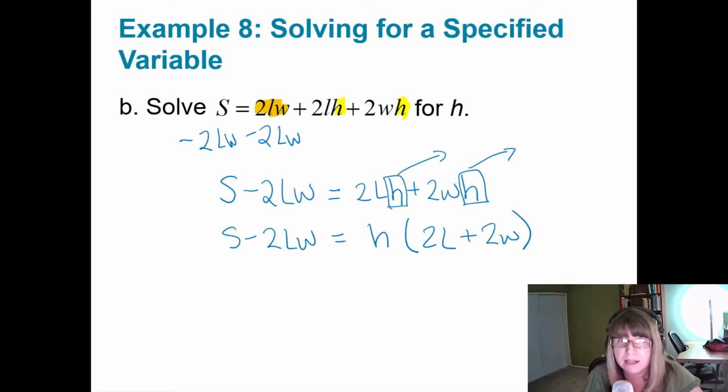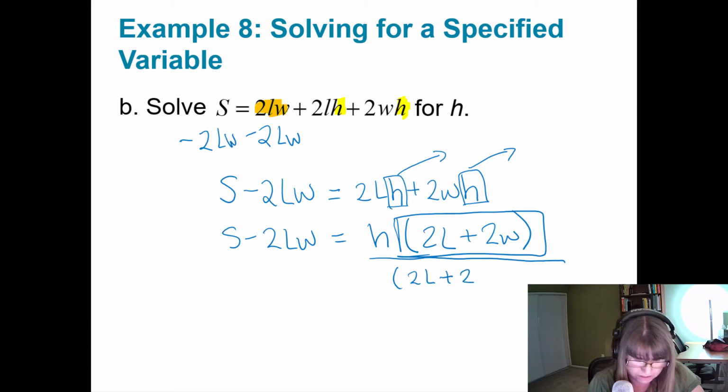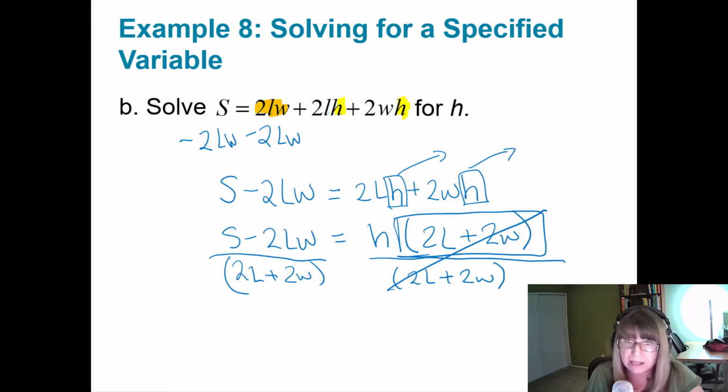Okay. Now think about what's happening to the whole entire H. This whole entire H is being multiplied by this block of stuff. And therefore, if I undo that multiplication by division, divide by that block of stuff to both sides, the 2L plus 2W goes away on the right-hand side, and I'm left with only H. And that's what I wanted to solve for.